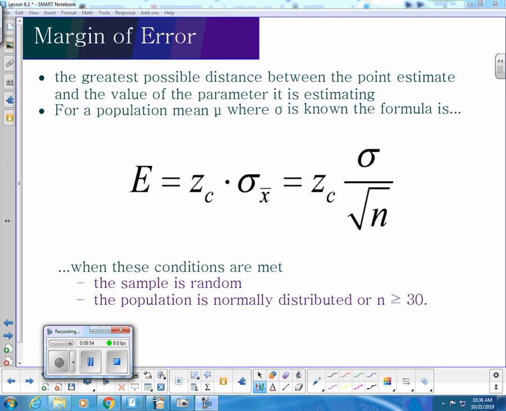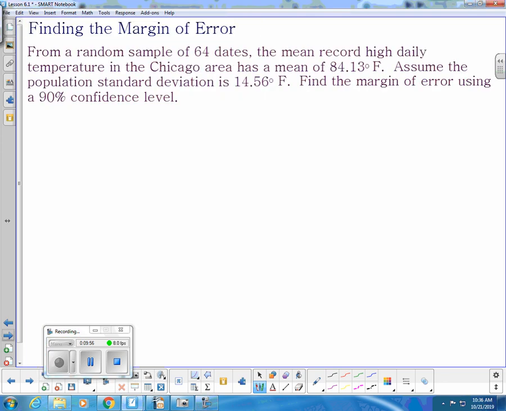All right, here we go. For a random sample of 64 dates, the mean record high daily temperature in the Chicago area has a mean of 84.13. Assume the population standard deviation is 14.56. Find the margin of error using a 90% confidence level.